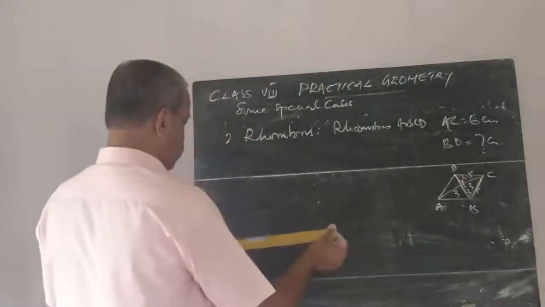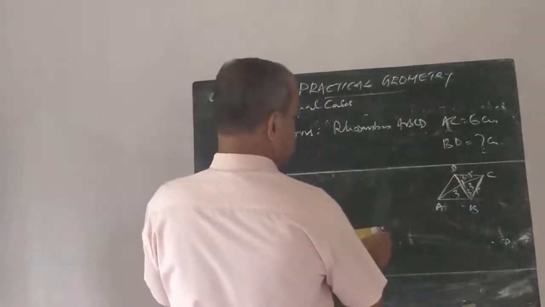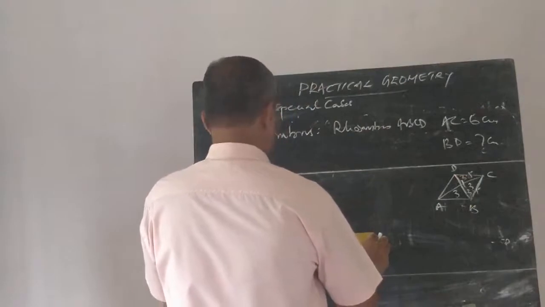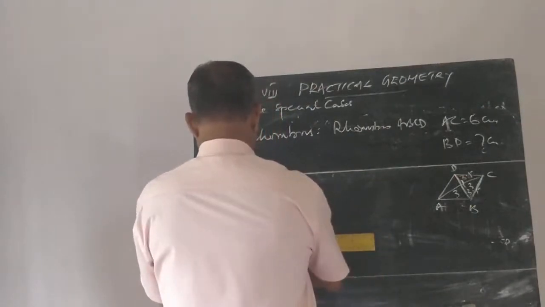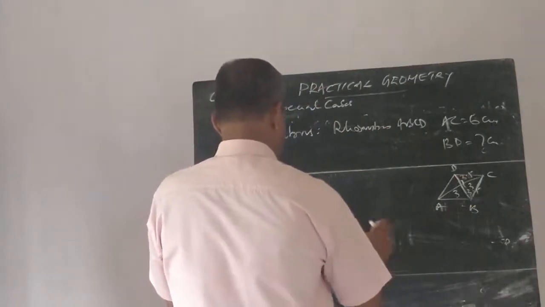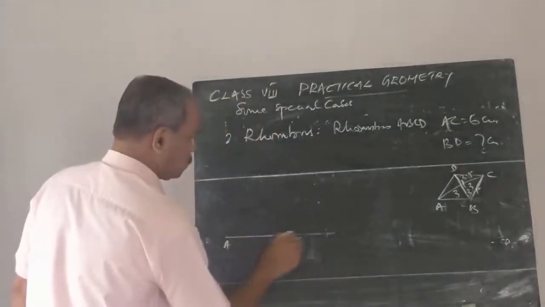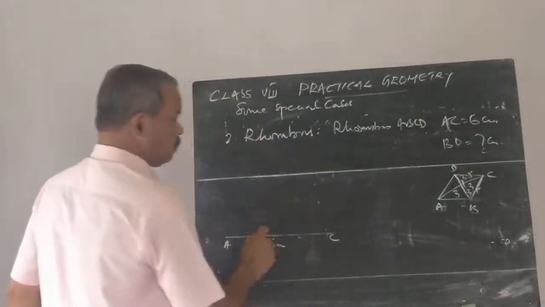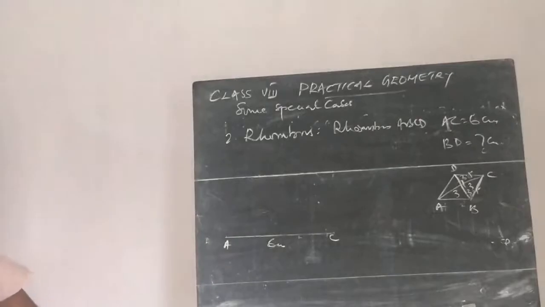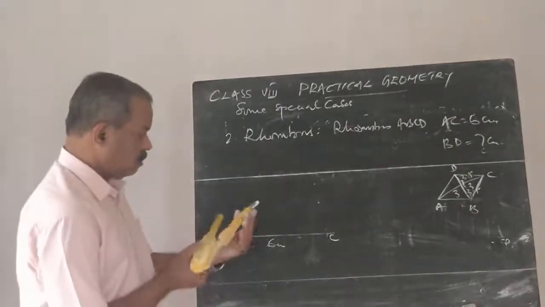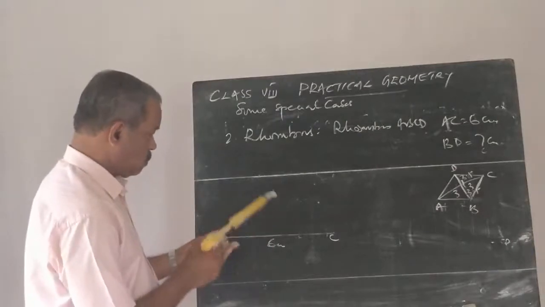So first we can draw AC, 6 centimeters. Then draw a perpendicular bisector of this.